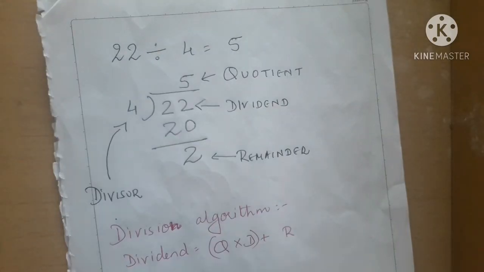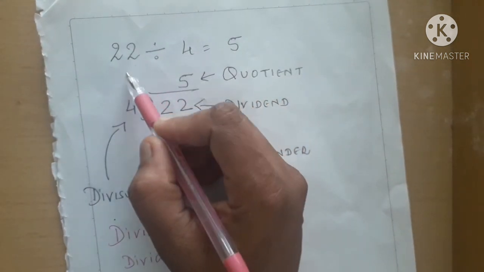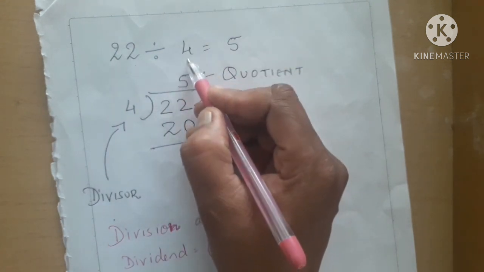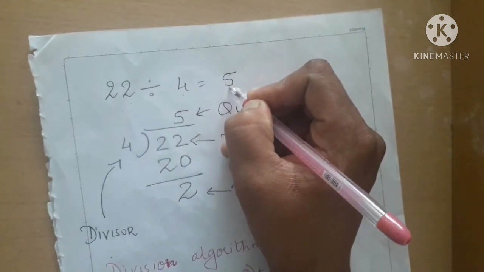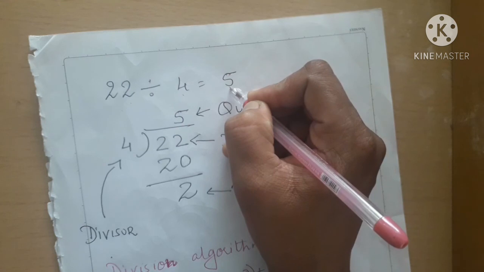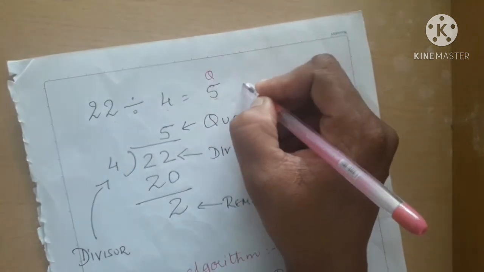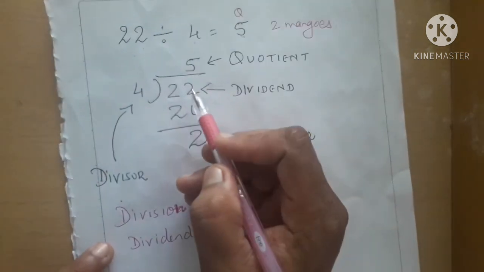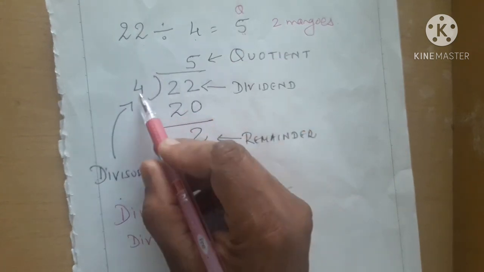Now children, try to understand the division algorithm. 22 mangoes were there. They were divided equally among 4 of the friends, right? And the number of mangoes each child got was 5. So this was your quotient and 2 mangoes were left out. Here you can write like this: 22 divided by 4.